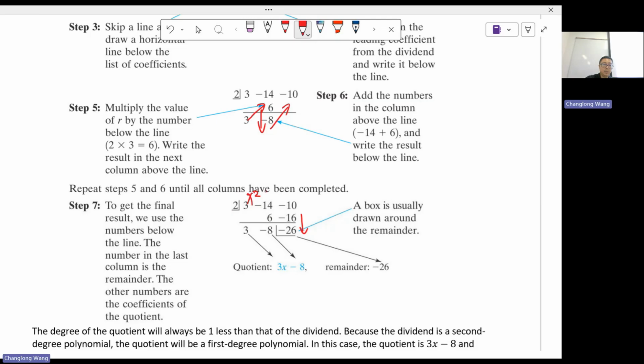If you divide a degree 2 polynomial by a degree 1 polynomial, you should get a quotient that starts with degree 1. Therefore, 3 is the coefficient of x to the first power, and negative 8 is the coefficient for x to the 0th power. That's why it's a constant. Not to mention that the last number is not going to be multiplied with x to the negative 1, and therefore it's the remainder.